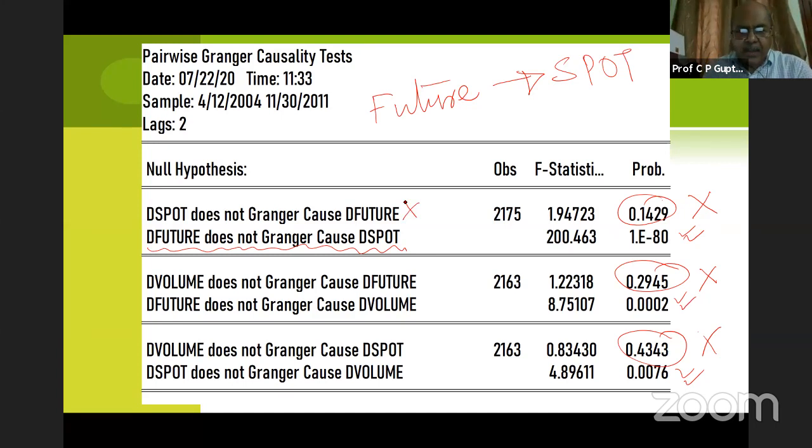Okay, let's take the volume. D future does not Granger cause volume. Okay, and please understand here, when I say volume, it was the volume of the spot and not of the future. Okay, so future has an impact on volume. Okay, D spot has an impact on volume. Okay, let me put it in a proper framework.